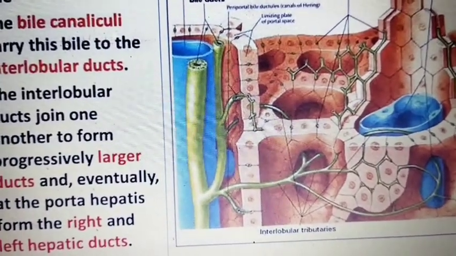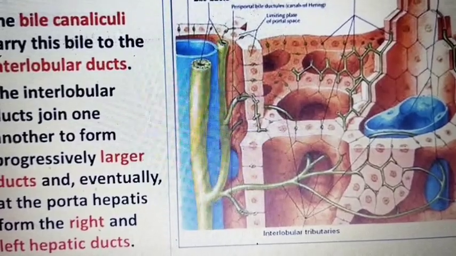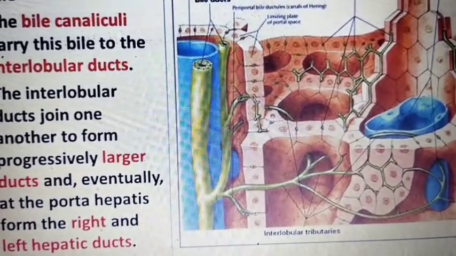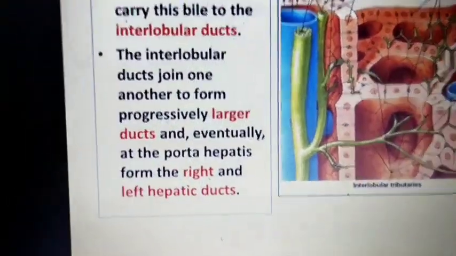These intralobular ducts join one another to form progressively larger ducts, and eventually at the porta hepatis form the right and left hepatic duct.